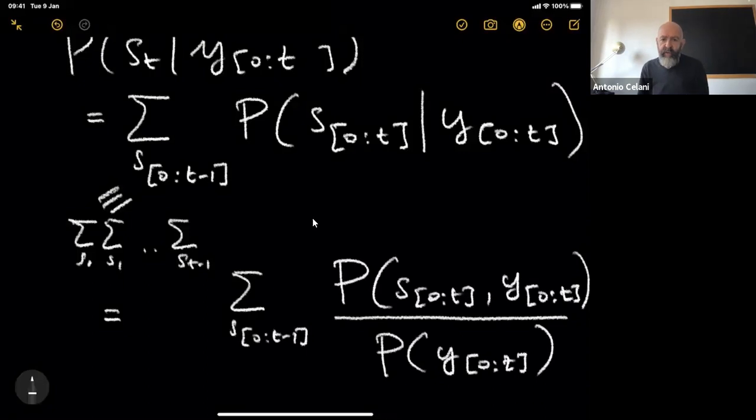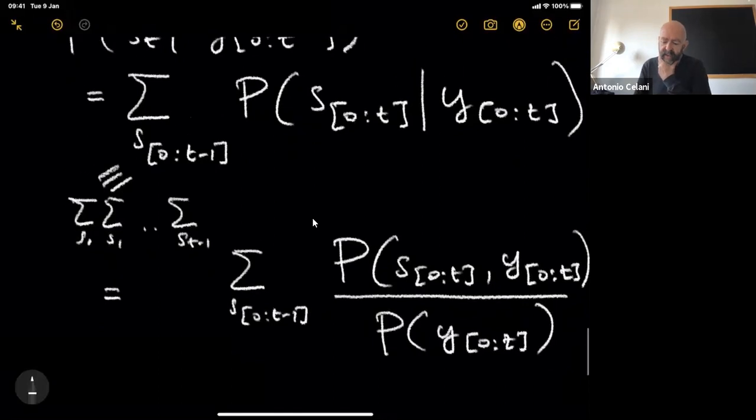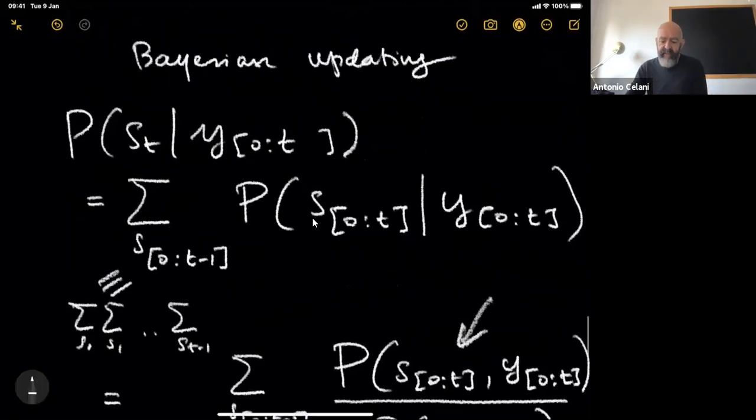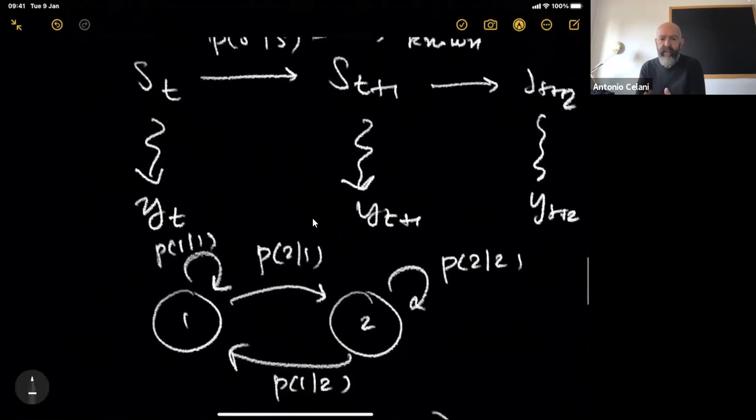Okay, just definition of conditional probability now applied to a string of values. Again, nothing happening here, just simple manipulations with the property of probability distributions. So why did I want to get to this ugly object here? Because now I can use the Markov property of my system. Okay, so I can write the joint probability distribution of states and observations as a long product.